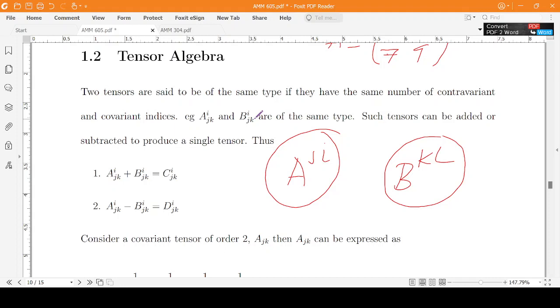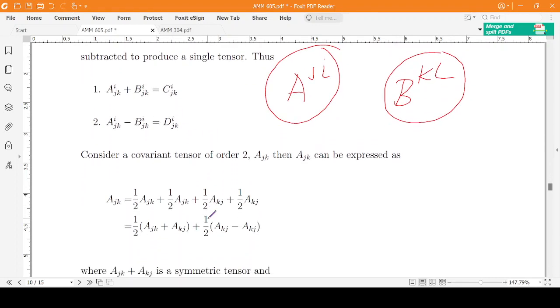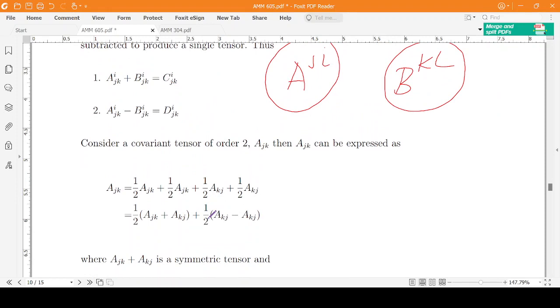Now such tensors can be added, or we can get the difference between them to produce a single tensor of the same type. So we can write Aijk plus Bijk is equal to Cijk, or Aijk minus Bijk is equal to Dijk. Now, suppose we consider a tensor of order 2.